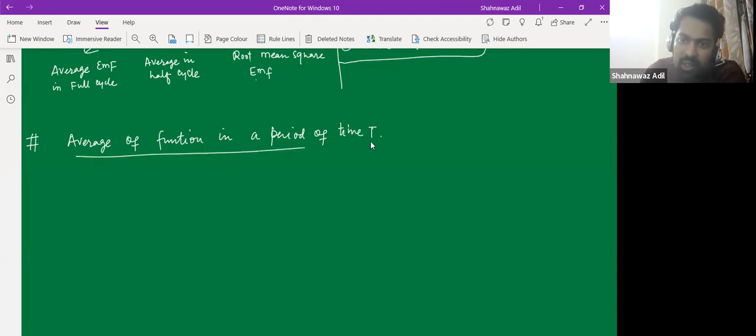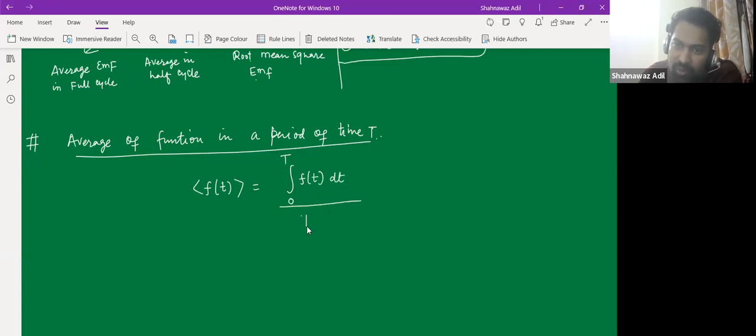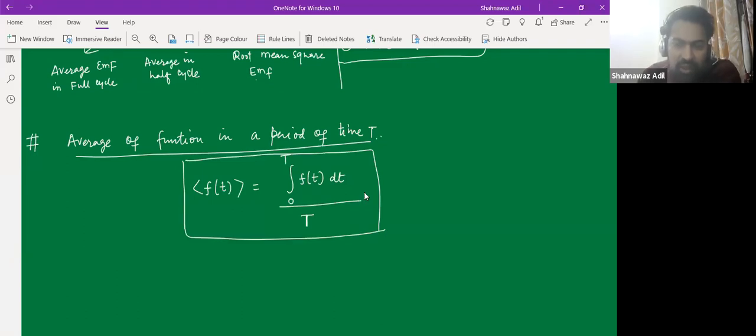That is given by what? Let's say if I want to find out the average of this, so this would be the integral from 0 to t of f(t) dt divided by the total time. So that is the average that I define, right?